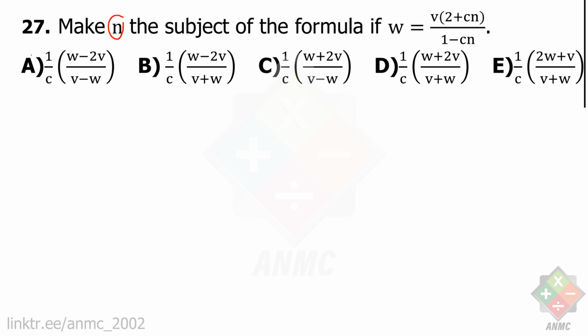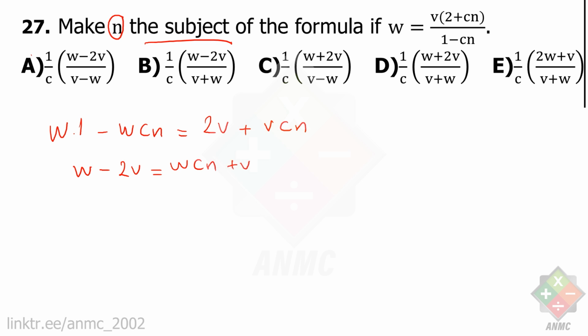Let's make n the subject of the formula. W times 1 minus WCN is equal to 2V plus VCN. W minus 2V is equal to WCN plus VCN. And let's leave n alone. WC plus VC is here.